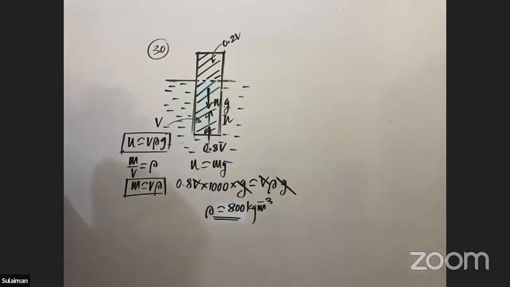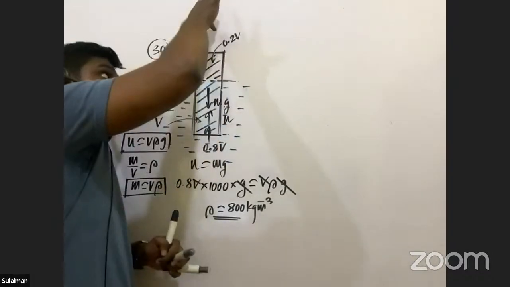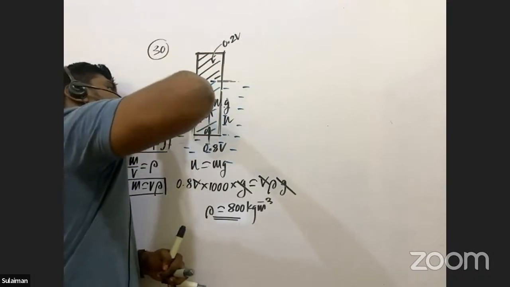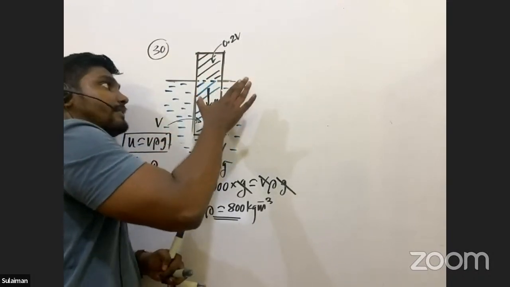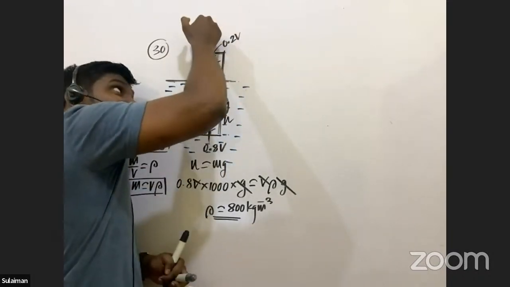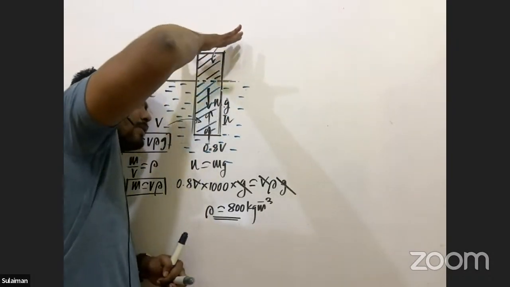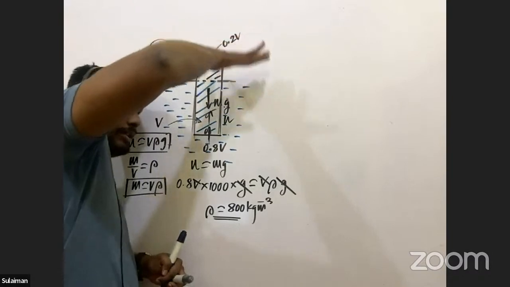Now what we do actually, by providing 3 Newton force on the top surface of the object, we immerse this object completely into this water.